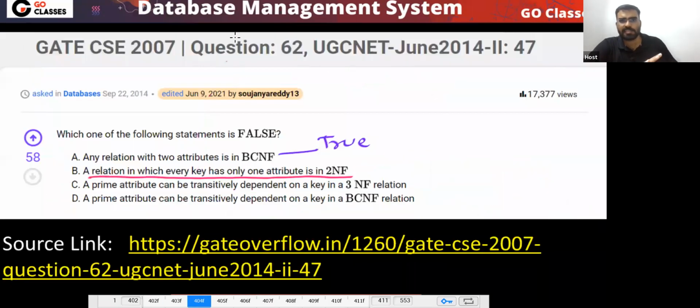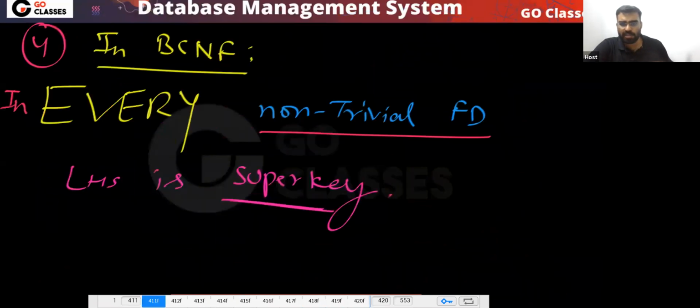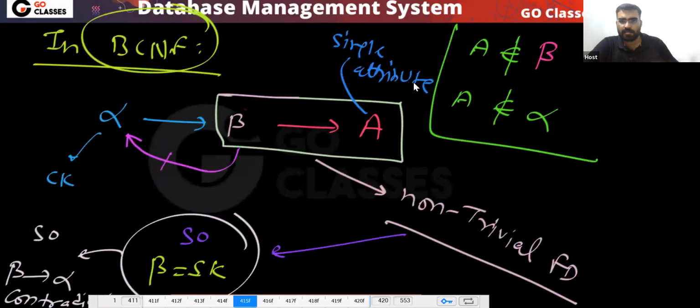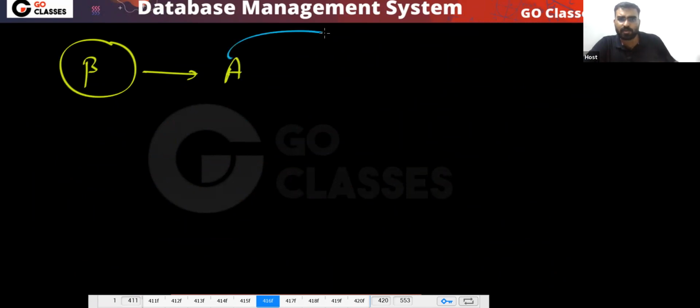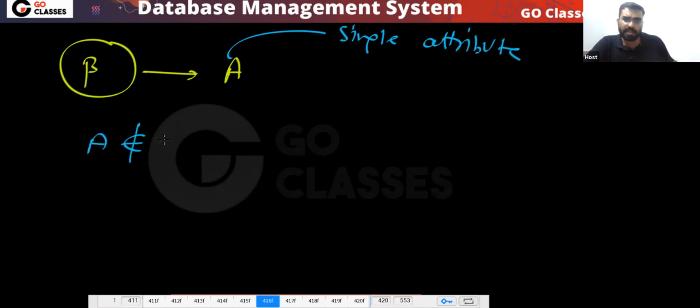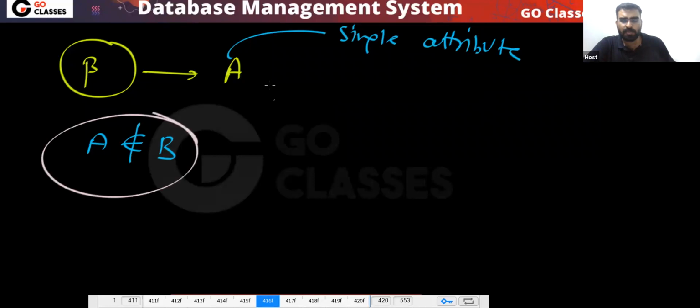Is this crystal clear? Do you have any doubt? Why is beta goes to A non-trivial? See, if this is beta and A is a single attribute, A does not belong to beta.